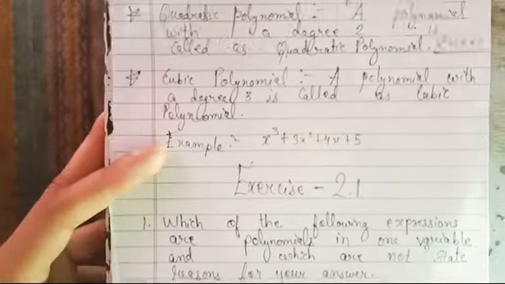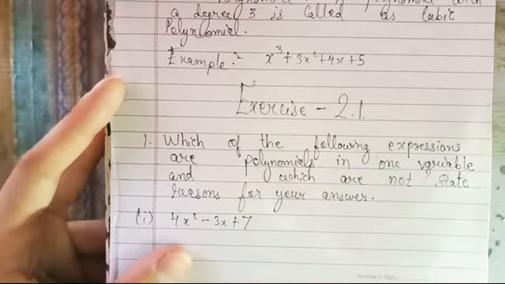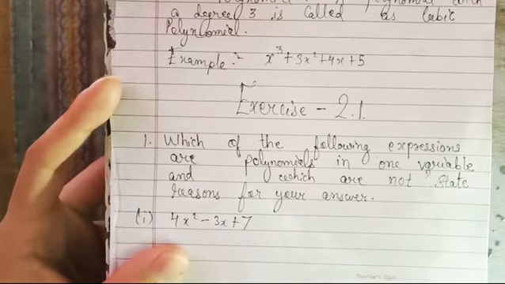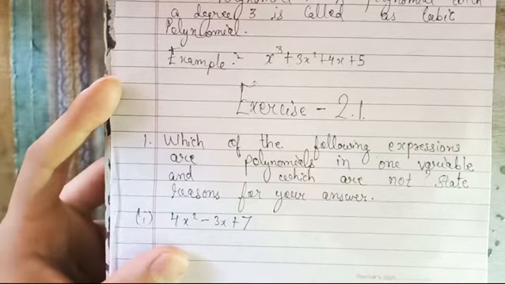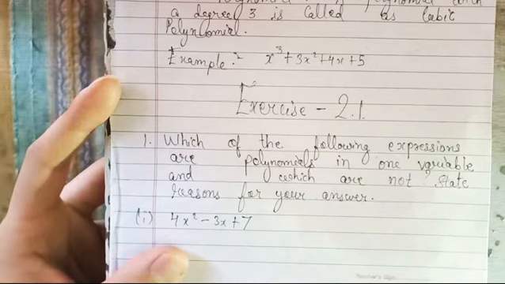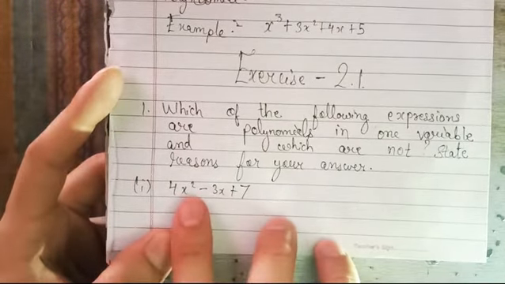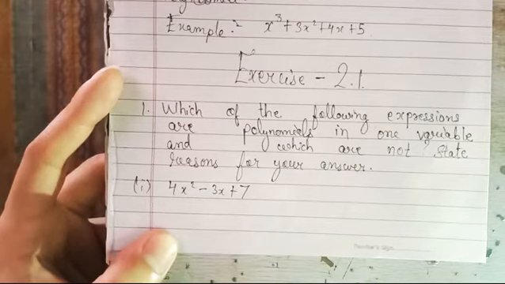Now we will move towards the exercise. Exercise 2.1. Which of the following expressions are polynomials in one variable and which are not? So we have to find whether they are polynomials in one variable or not. See, polynomial in one variable means the exponent will be either 0, 1, 2, 3, 4 and so on.